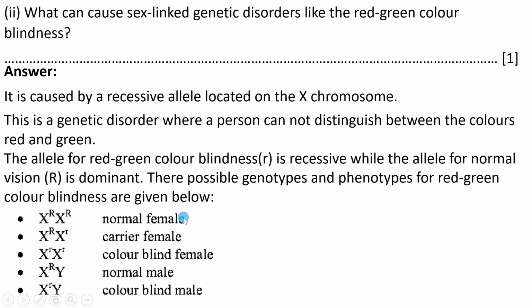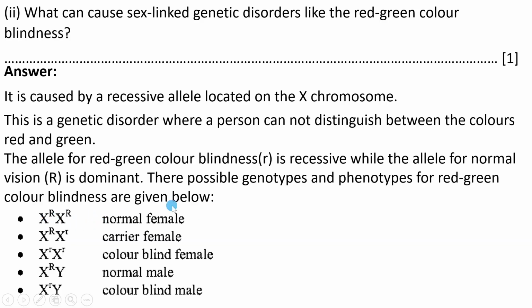You can differentiate between green and red. If you are carrying the dominant one on one chromosome and the recessive on the other chromosome, you'll be able to differentiate. It means the dominant one has overpowered the recessive one, so you'll be able to see. So this one is a female. Yes, sorry, I said male, but it is female, XX.